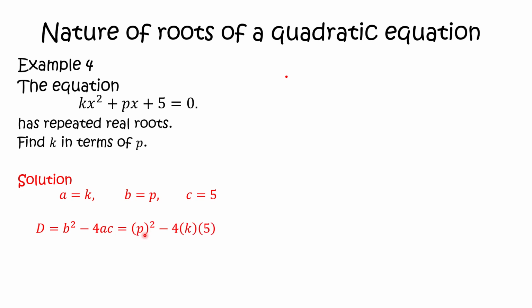The discriminant is given by p squared minus 4 times k times 5, and this should be equal to 0 because we are informed that the equation has repeated real roots. Now with that expanding, we are going to get p squared minus 20k is equal to 0, implying that k is equal to p squared over 20.